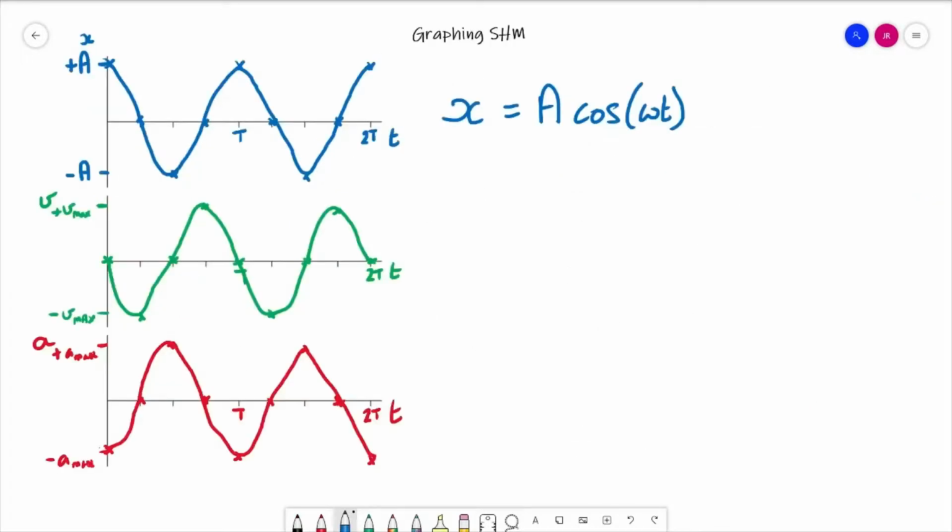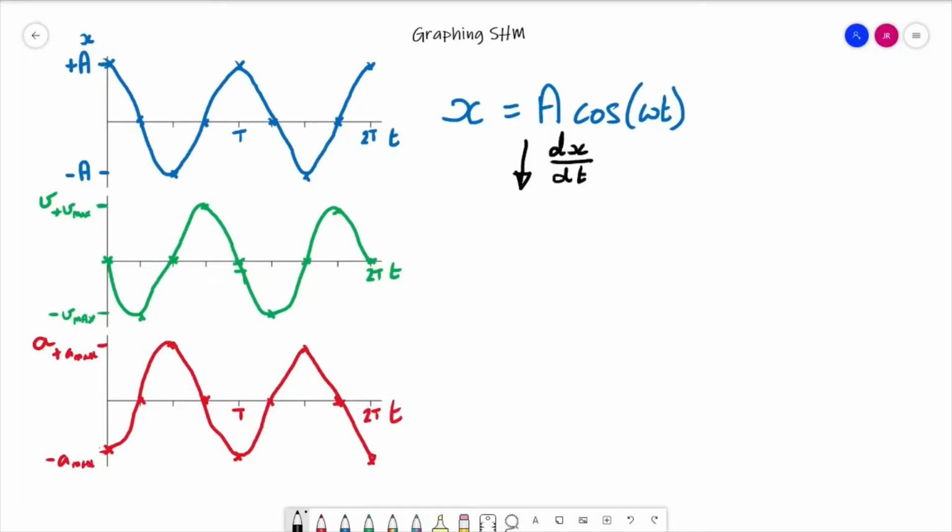So back to these three graphs then. We've got our equation for displacement. We now, at least algebraically, need to get an equation for velocity. Of course, to derive velocity, we take the rate of change of displacement.